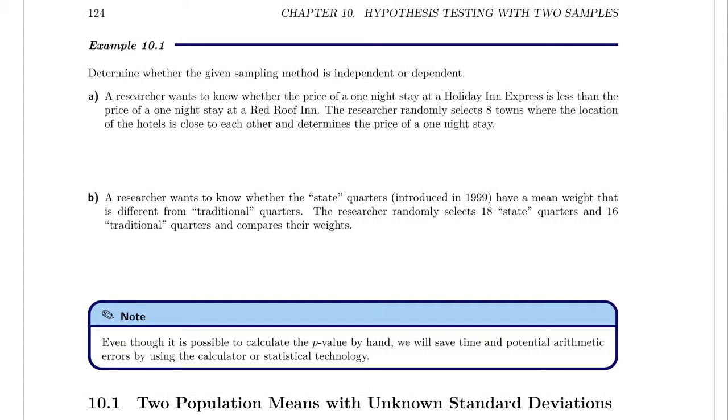Okay, so let's go ahead and look at some examples, independent or dependent. A researcher wants to know if the price of a one night stay at Holiday Inn Express is less than the price of a one night stay at Red Roof Inn. The researcher randomly selects 8 towns where the location of the hotels is close to each other and determines the price of a one night stay. So we need to think about this and use some common knowledge.